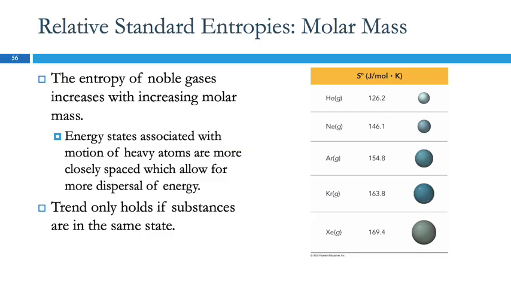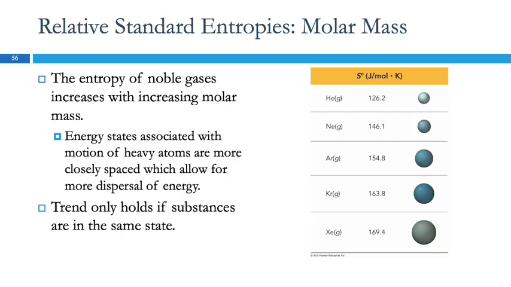The entropy of noble gases increases with increasing molar mass. So here's helium at 126, and as we go larger in the noble gases, we see that the entropy increases. Energy states associated with the motion of heavy atoms are more closely spaced, and that gives more opportunities for dispersal of energy.